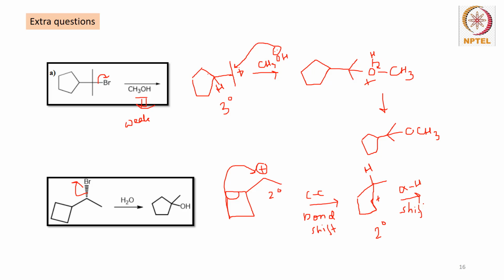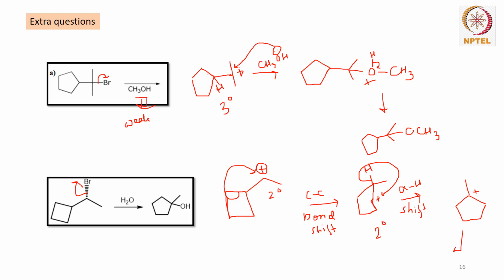This carbon hydrogen bond will shift to this position, and we will get this. So this center, the positive charge, is electron deficient. Understood?